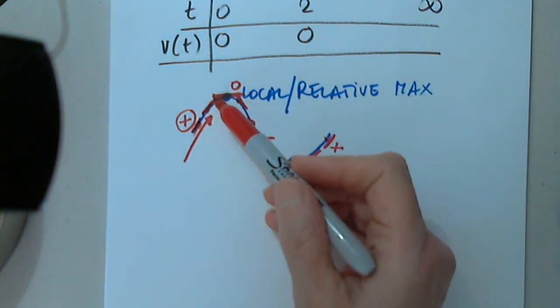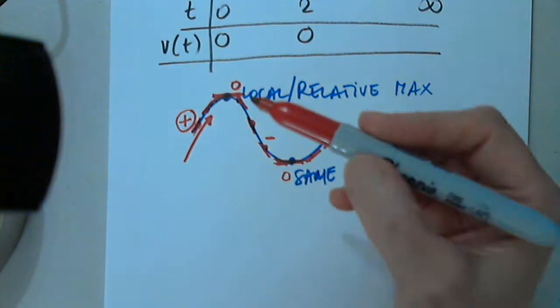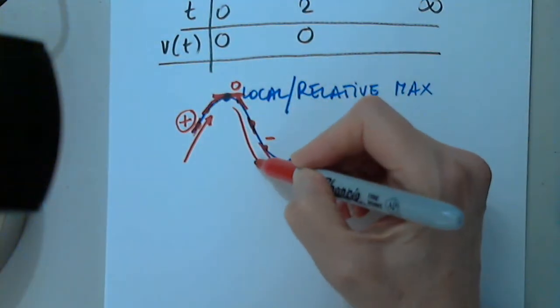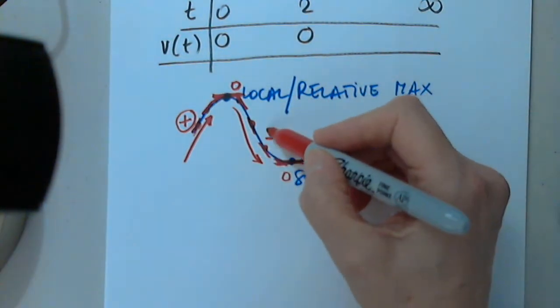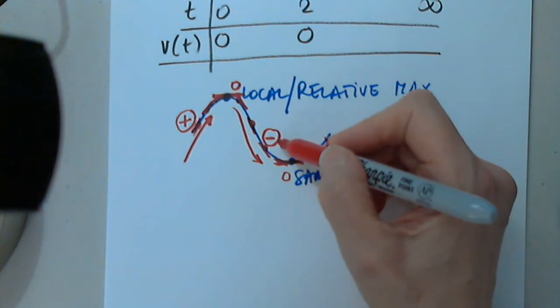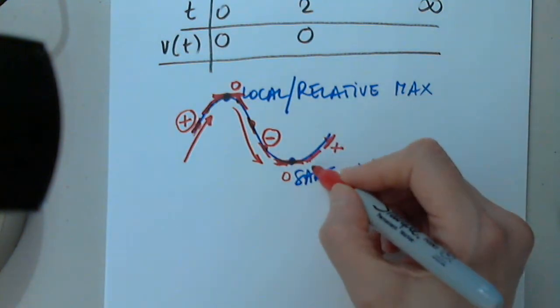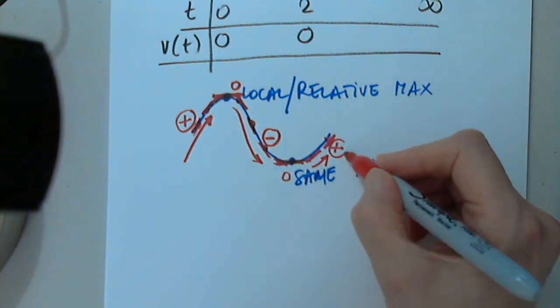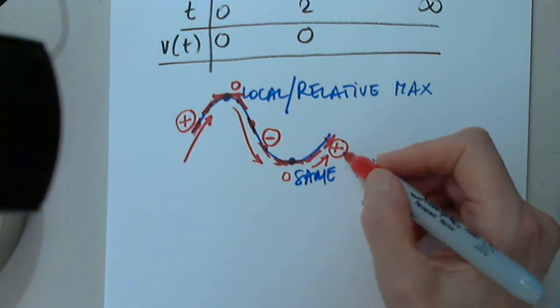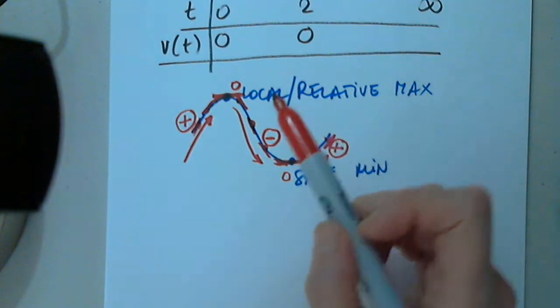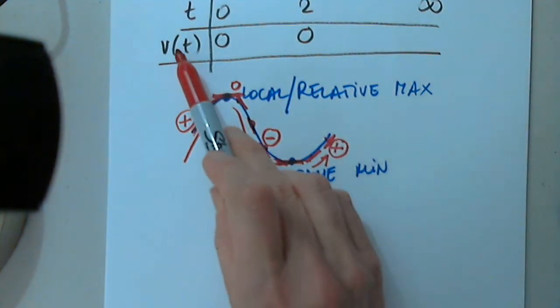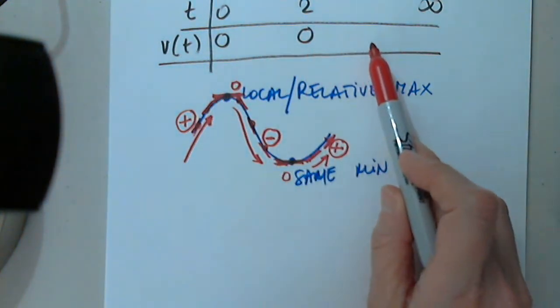The function is decreasing when its derivative is negative. And then the function is increasing again when its derivative is positive. So no matter what, I need to study the sign of the derivative.